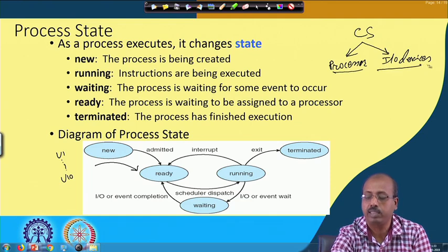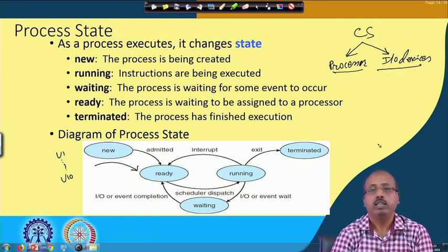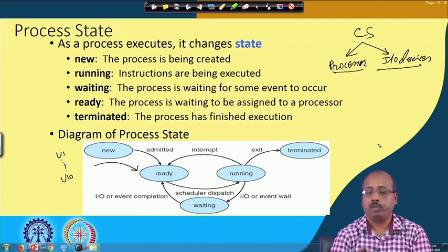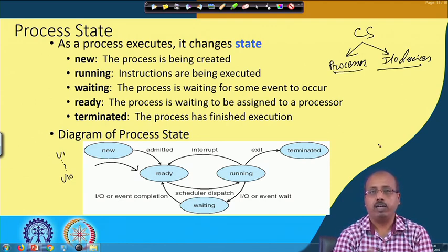What we would like to have in the system is that both the processor and IO devices are utilized 100% of the time, or at least to a very high percentage of time. Now, depending upon the type of process that we have in the system, one of them may be achievable whereas the other not.